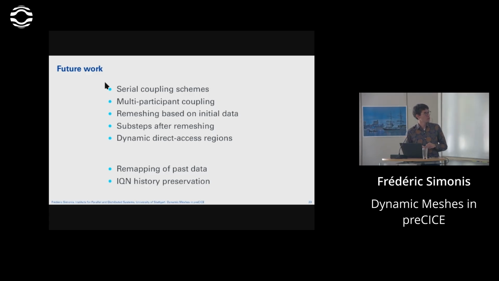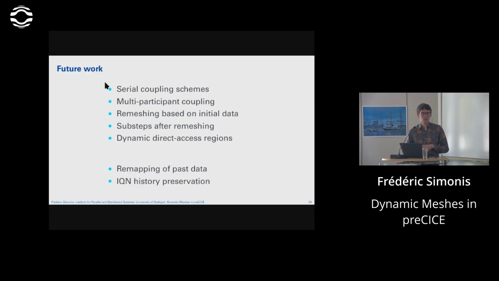And two very big problems here are also to remap past data. Especially critical in implicit coupling schemes is that you will lose the initial data of your coupling scheme, so also of your time window, when you remesh, because that belongs to a different spatial discretization. So currently we discard that.